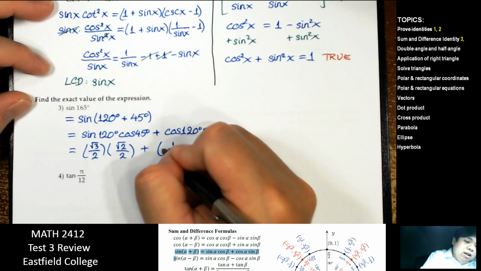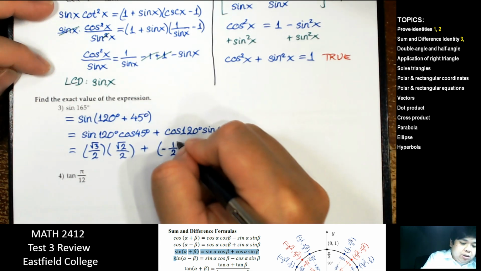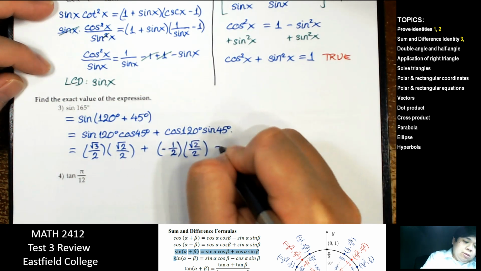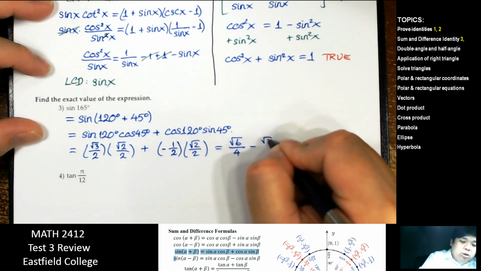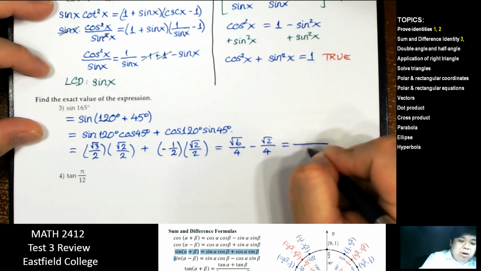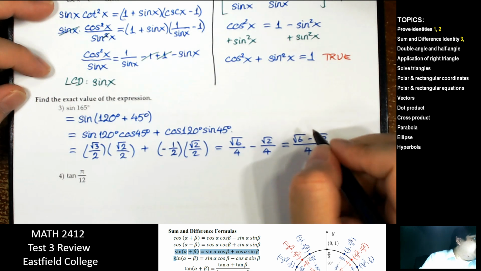But it's going to be negative because it's in the second quadrant. So we have square root of 6 over 4 minus square root of 2 over 4. We can just combine the denominators. And that's what we have.